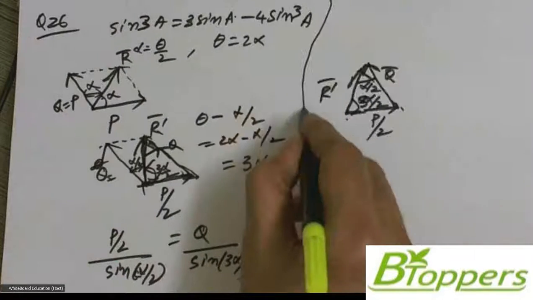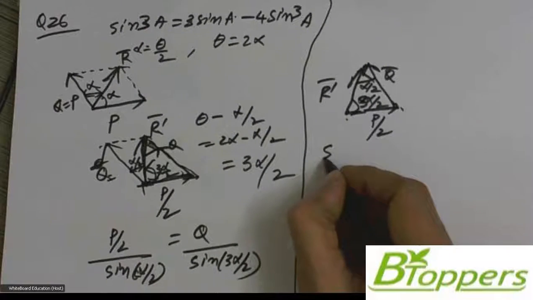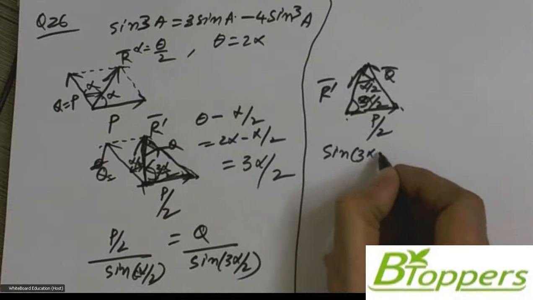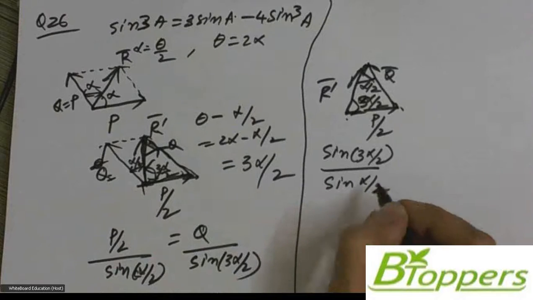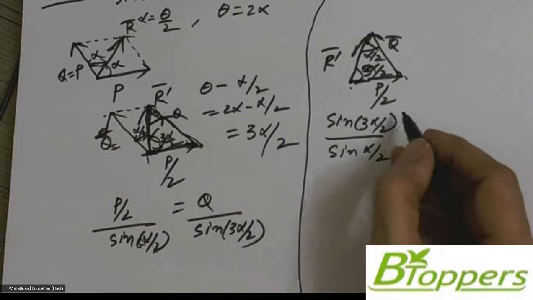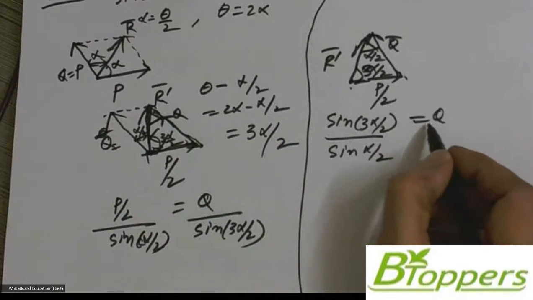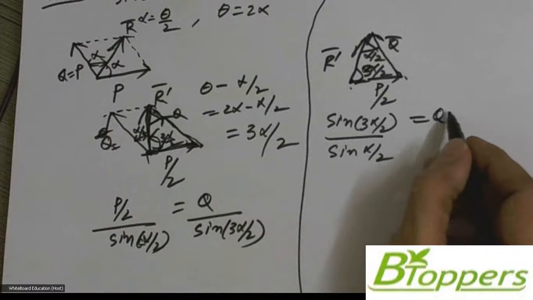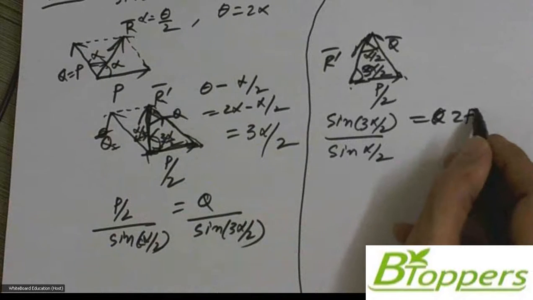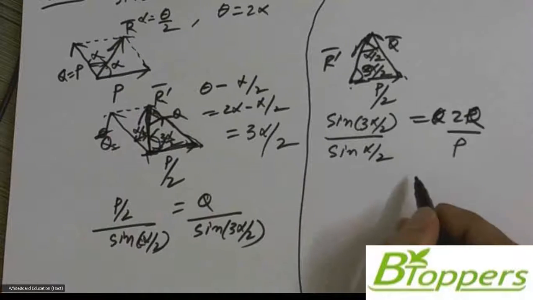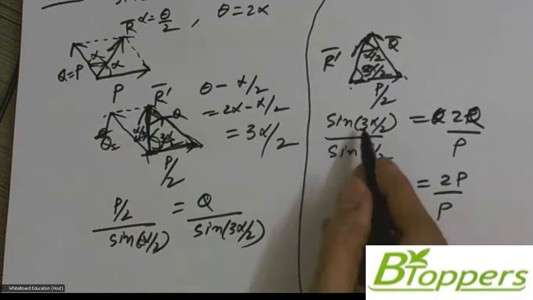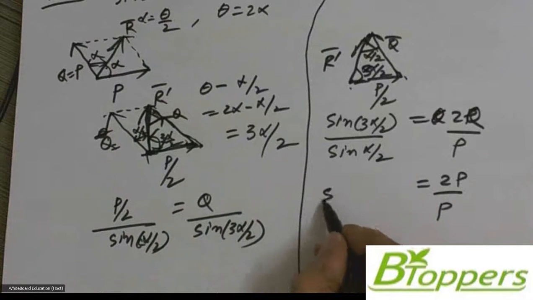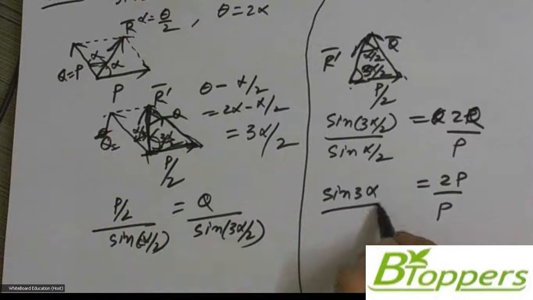So from this you can write sine of 3 alpha by 2 divided by sine of alpha by 2 equal to 2Q by P. But Q and P are equal, so you can substitute Q equal to P on the right side. Sin 3 alpha by 2 you can write sin 3a, and sin alpha by 2 you can write sin a.